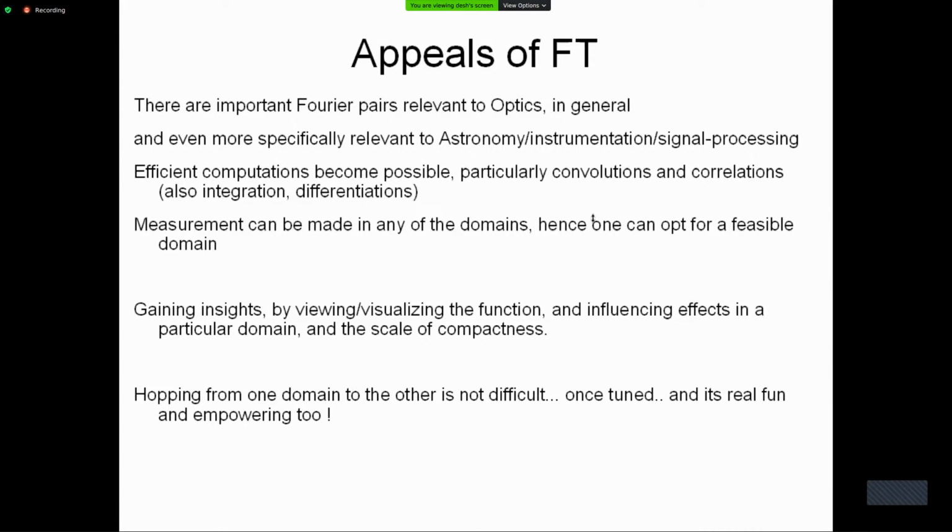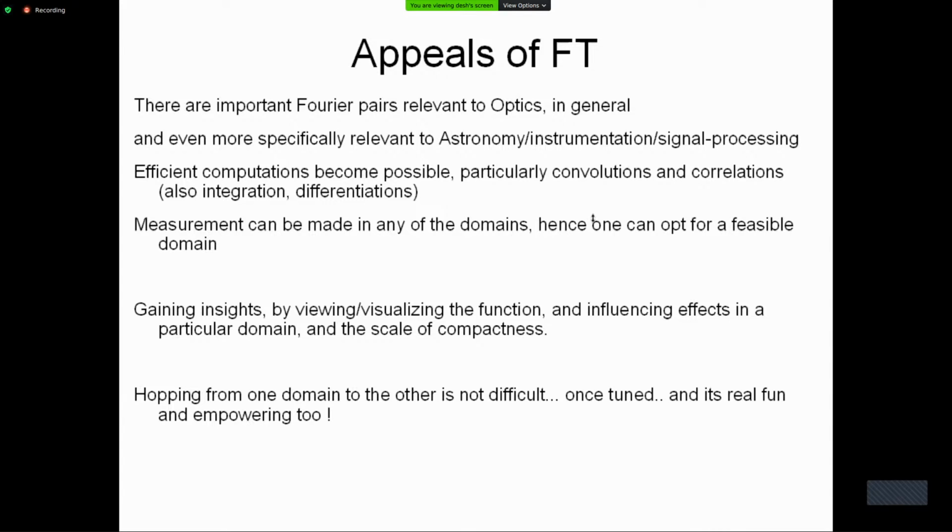We have routine relevance of this in general astronomy, instrumentation and signal processing. Efficient computations can be made possible by the use of Fourier transforms, particularly convolution in large data sets, and correlations. They can be effectively performed as multiplications, primarily by going to the other domain.